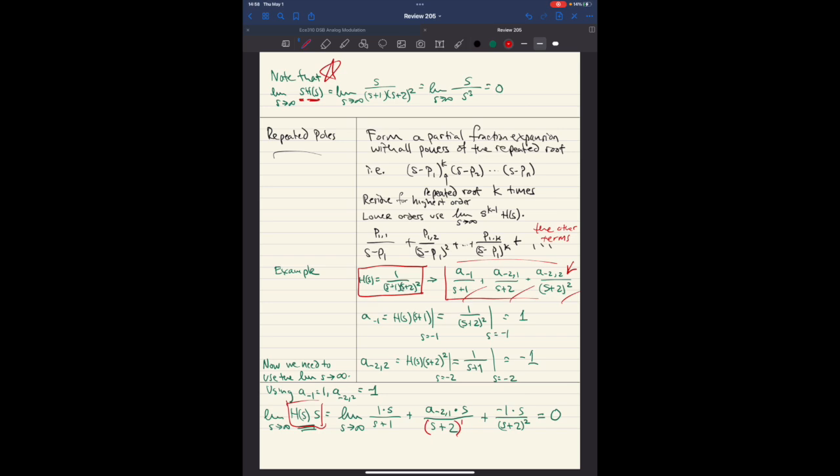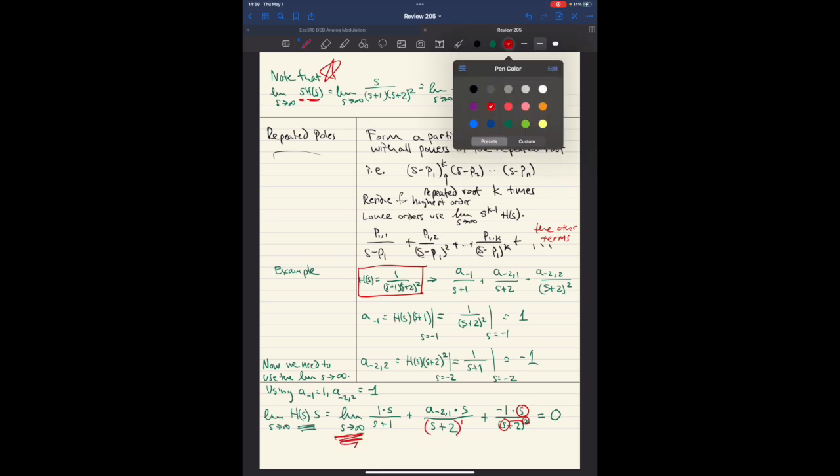And this becomes important, by the way, when you have higher orders of k, because you're going to want to eliminate some of those other guys along the way. But for all intents and purposes here, I can see that for the last term, s over s squared in the limit as s goes to infinity must go to 0. So this -1 doesn't matter at all. And now I'm just left with these two terms.